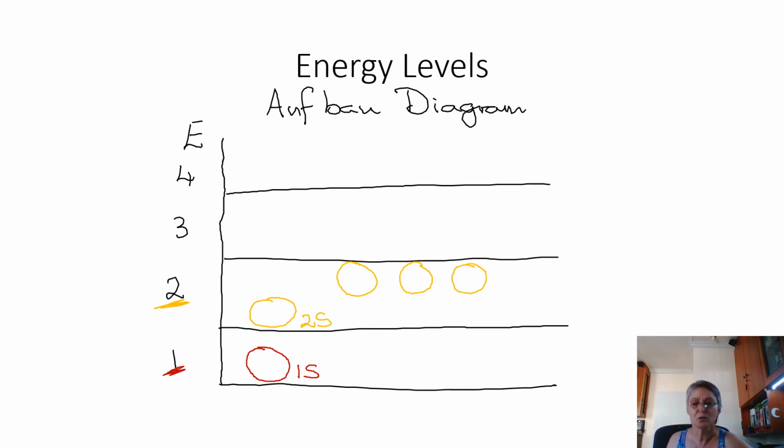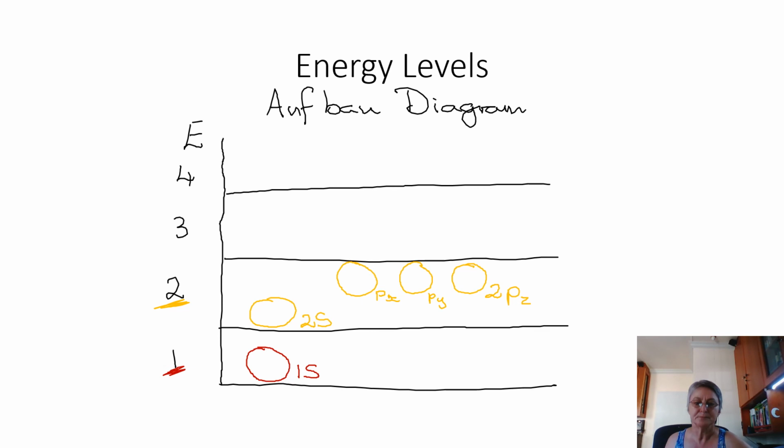So these would be your 3 p orbitals, but they are called the 2p orbitals because they're in the second energy level. You could, if you want to, say this is the px and the py and the pz orbitals, but we draw them as circles or blocks. We don't draw them like they actually are.